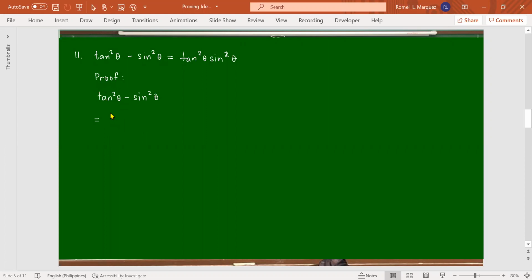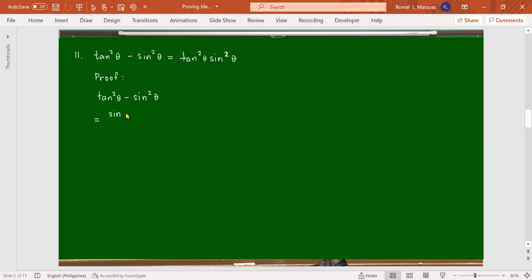To the tangent squared theta. In terms of what? Possible, what's the possible? Is it sine squared theta over cosine squared theta or 1 over tangent? So you have those options, no? So which do you think?